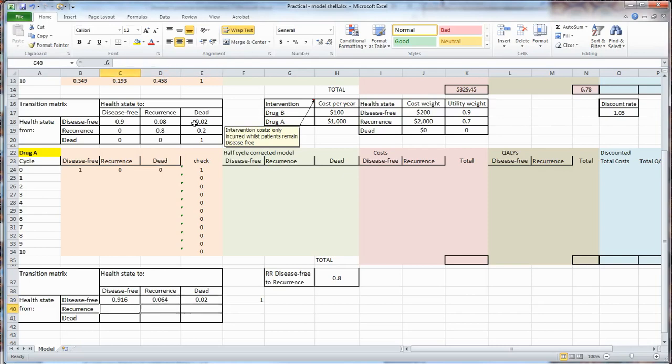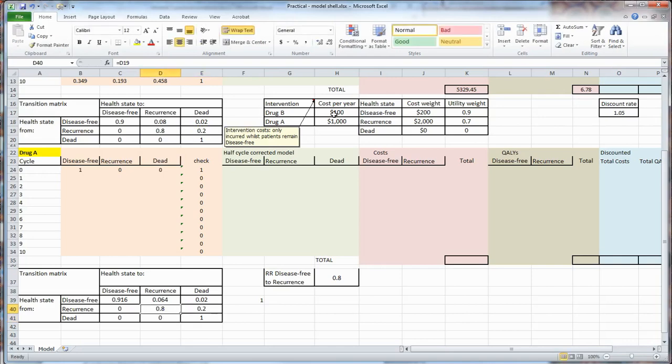We still can't move from recurrence to disease-free. We can't move from dead to disease-free. We can't move from dead to recurrence. If we're dead, we remain dead. And we're told that you only receive either drug until you experience a recurrence, so the probability of recurrence doesn't change either, and so we link those probabilities back to the original transition matrix.